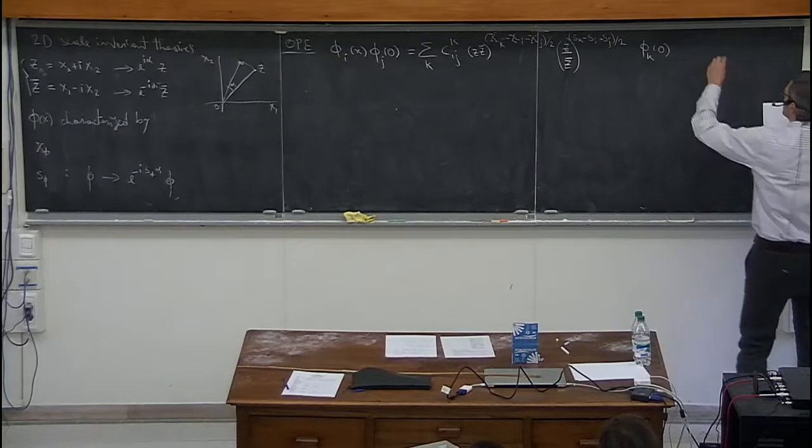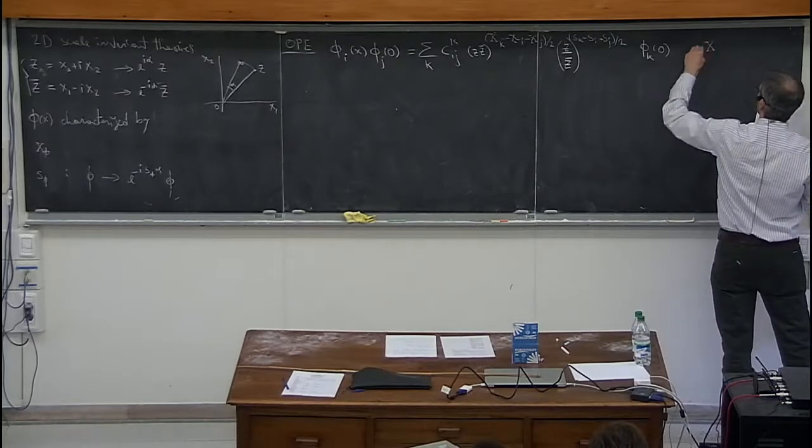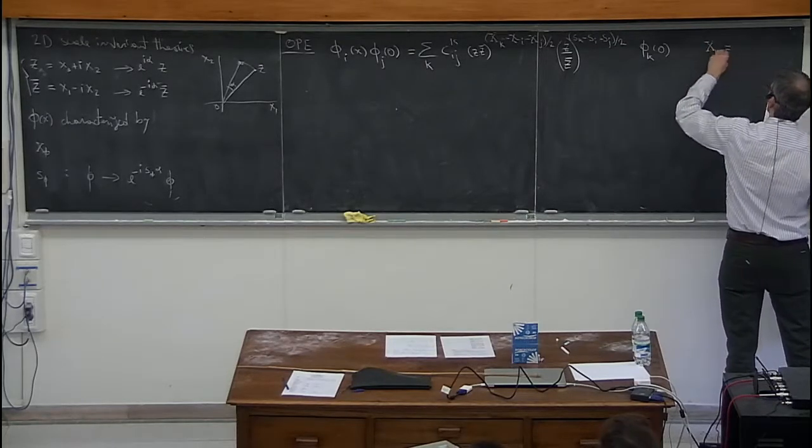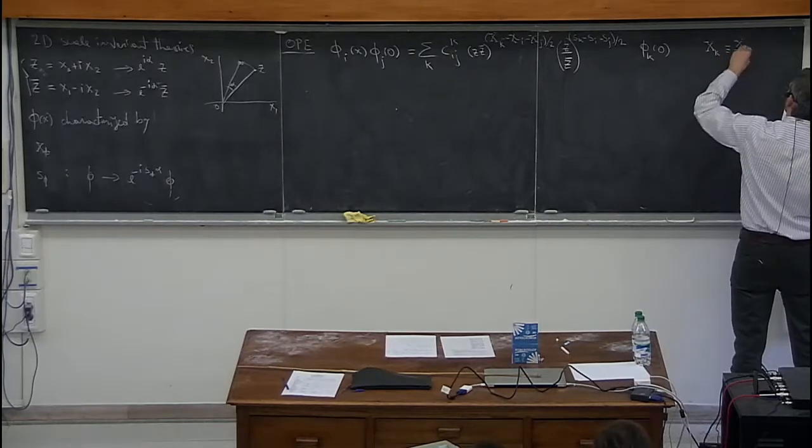Of course, I'm using the notation Delta_k equal to the dimension of phi_k.